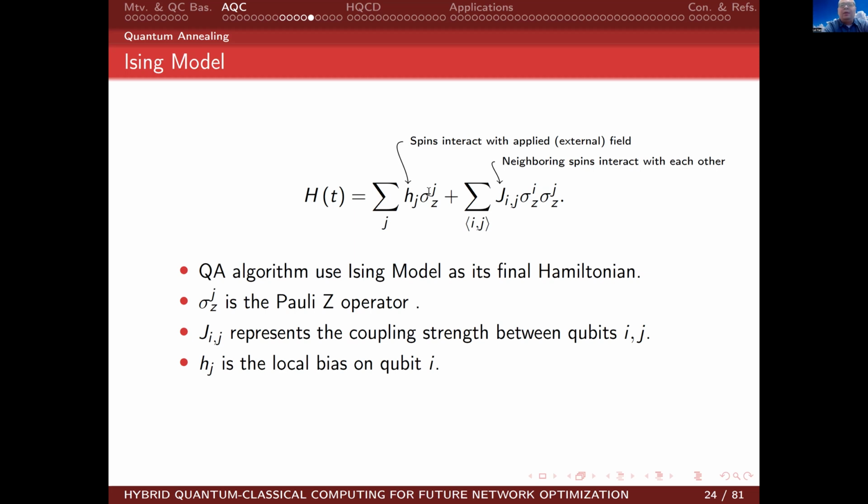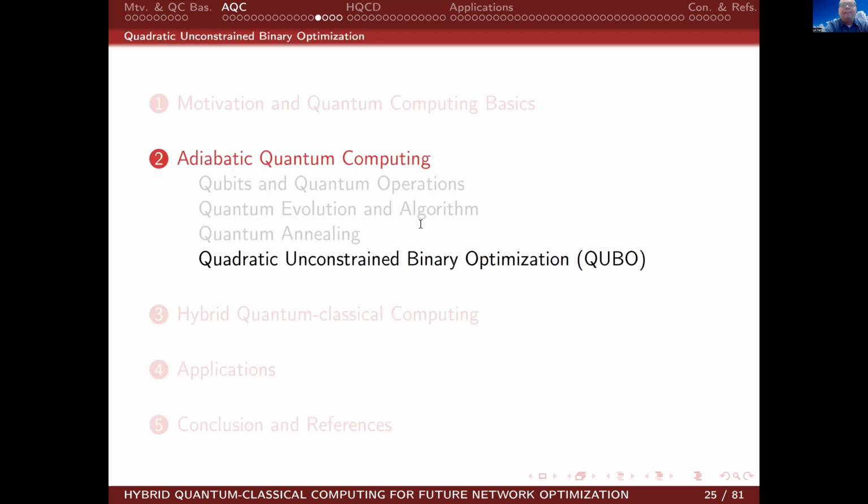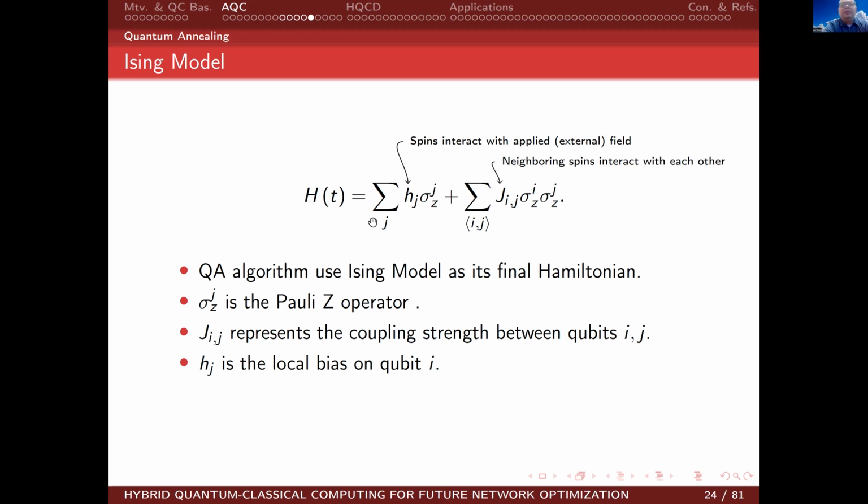It represents the coupling strength between the two qubits. We will say this Ising model Hamiltonian can be used to describe the quadratic unconstrained binary optimization model.